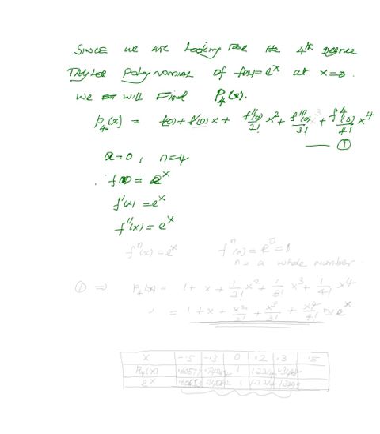So I could simply write f n of x is e to the x. If I plug in x equal to 0, f n at 0 is always 1 because e to the 0 is in fact 1. So this expression is valid for all n as long as n is a whole number.